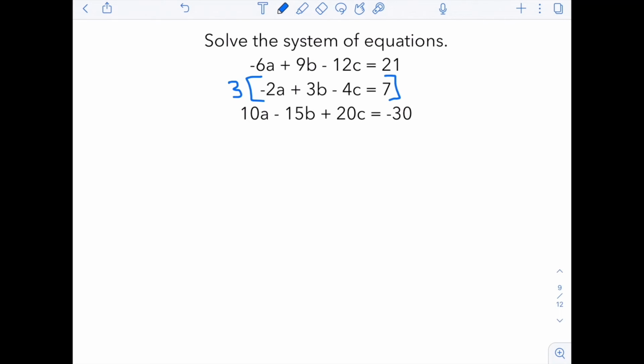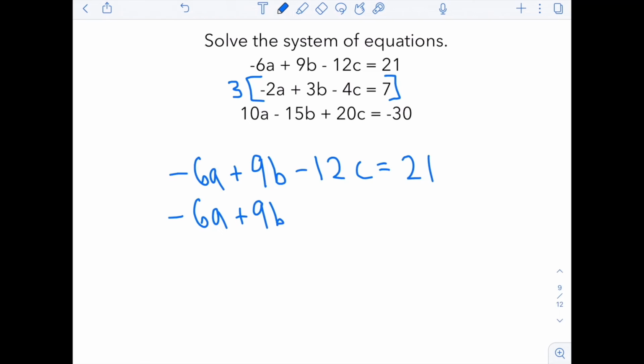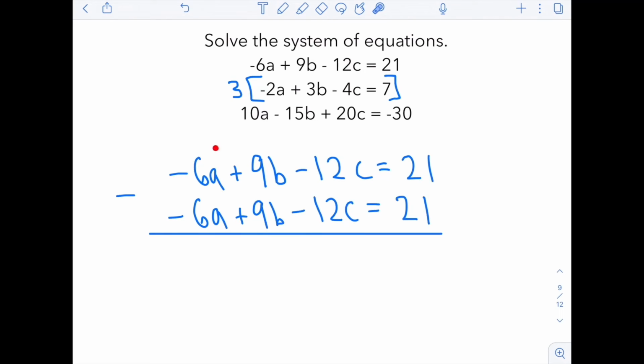I'll rewrite the first equation, -6a plus 9b minus 12c equals 21. And so 3 times the second equation is going to equal -6a plus 9b minus 12c, which also equals 21. Since we have -6a and -6a, we can subtract them and they will cancel out.